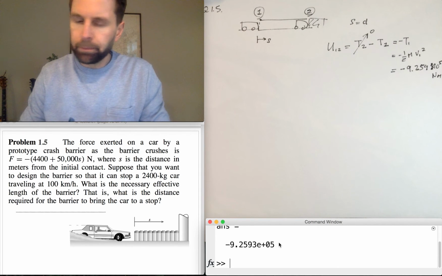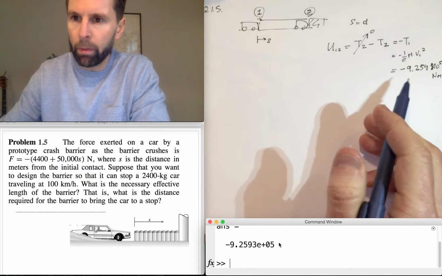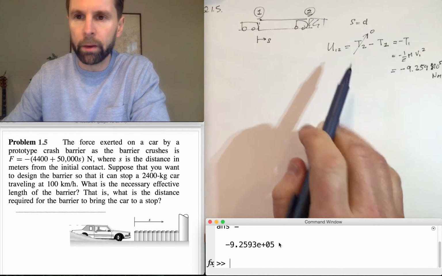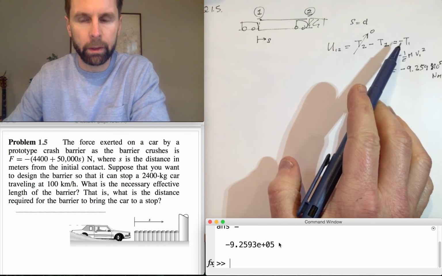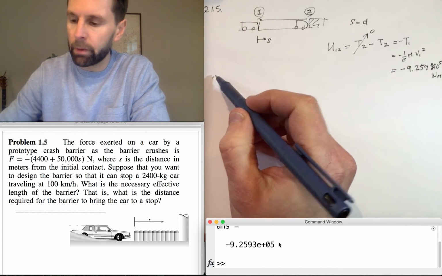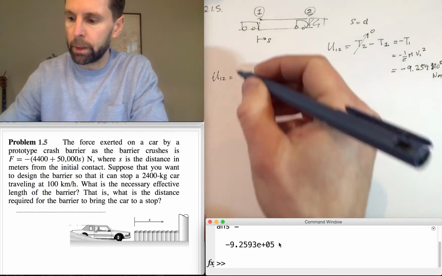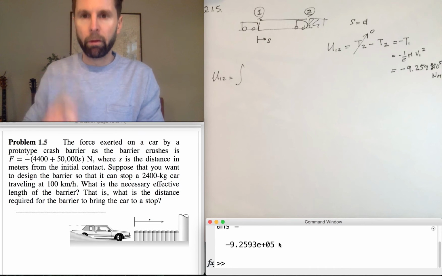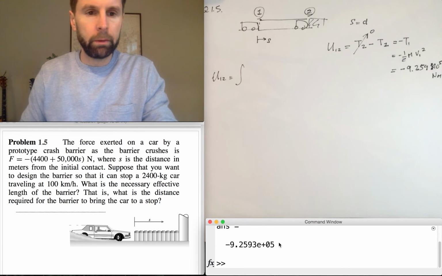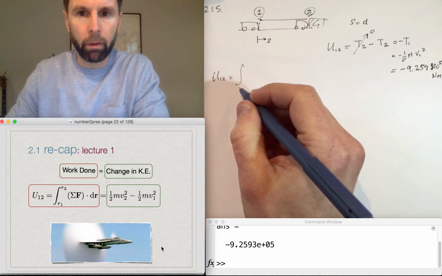Okay. So now what we're going to do is we're going to evaluate. So we know what the work done should equal, because it's got to equal the negative of the initial kinetic energy. And so let's write down what the work done should be in terms of the integral of the force. So from our lecture, we know the integral of the force.